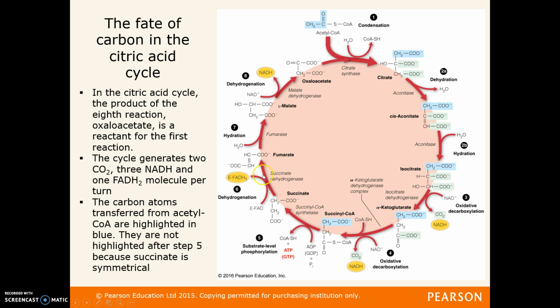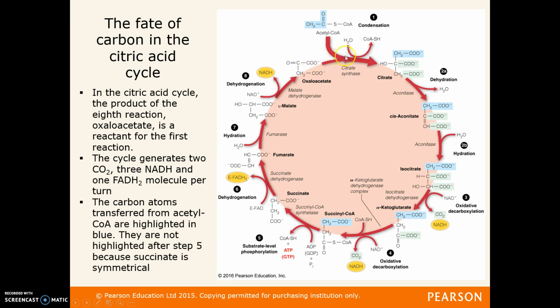Consequently, as we progress through, recognize that one of these carboxylic acid groups present ultimately on oxaloacetate originated from the next cycle back of acetyl-CoA, so it's present here, here, here, here, here, here. It's one of these two, it's one of these two, it's one of these two, and it is now one of these two, okay?